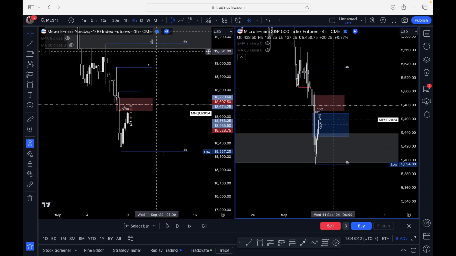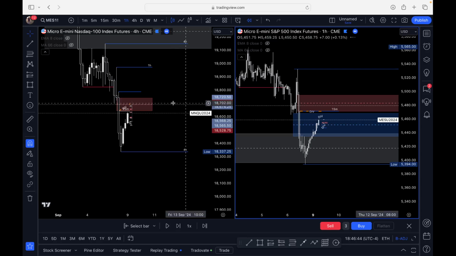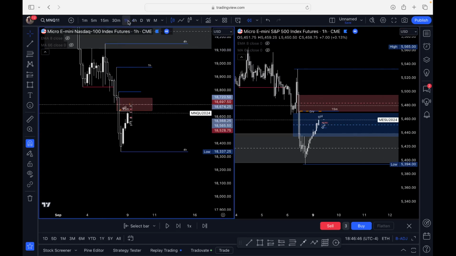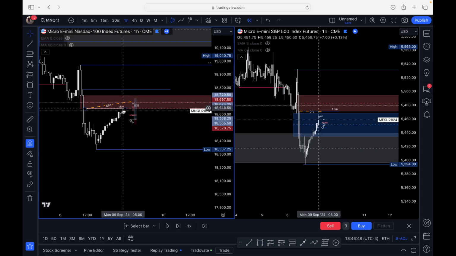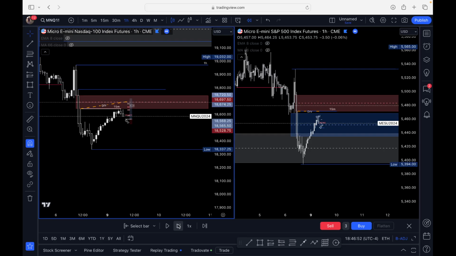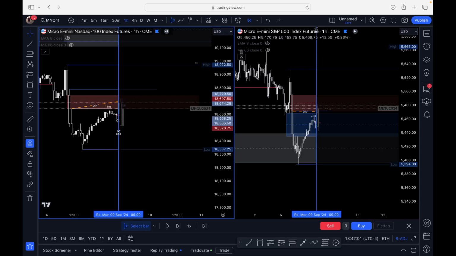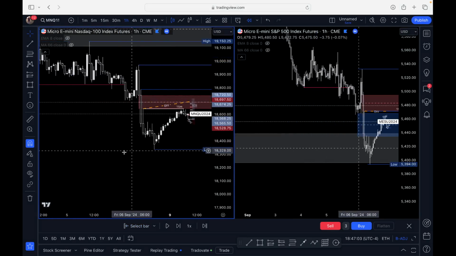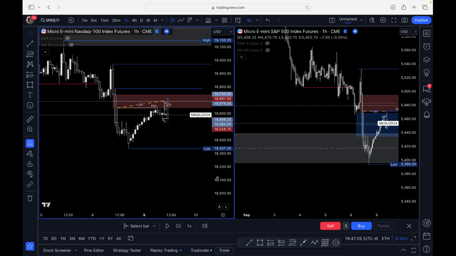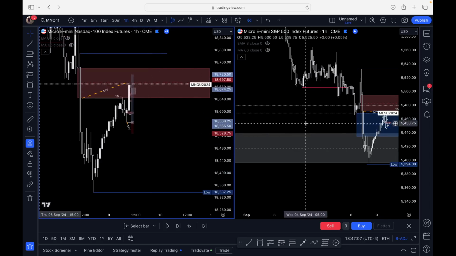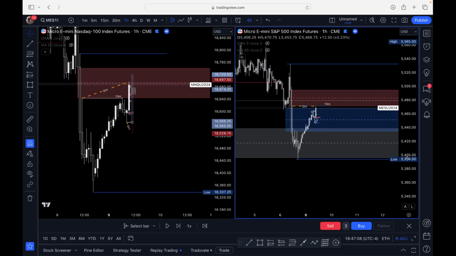So I was initially looking to go short on the market, as well as we have this 15-minute divergence that was formed. Let me let price develop some. So right around here, we have divergences formed between ES and NQ.